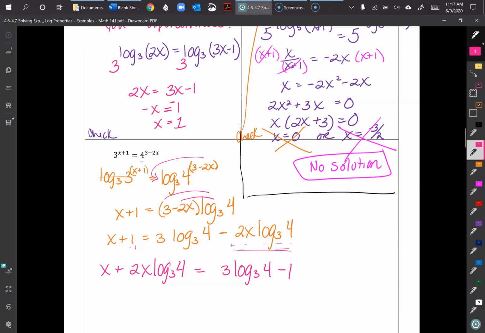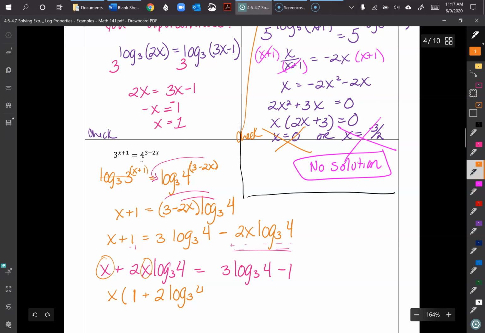So now I've collected up my x stuff on the left, and now I just need to factor out that x. So it's the same process we did with literal equations. Now be careful here, make sure you do put that 1 in. Sometimes people just kind of drop that off. You've got a lot going on in this problem, so it's easy to lose a piece here and there.